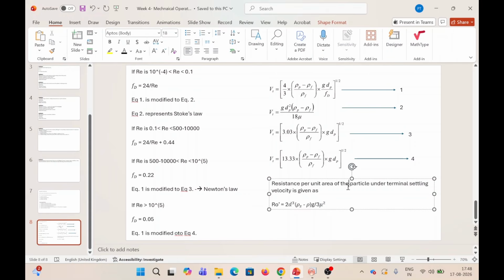And this is how you represent the resistance per unit area of the particle under the terminal settling velocity.